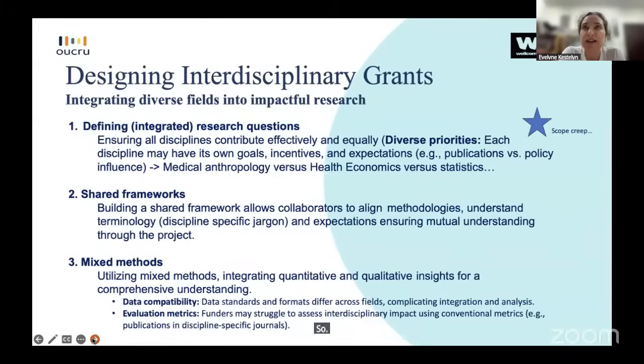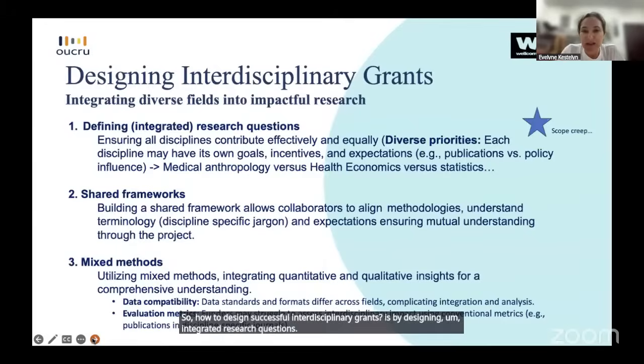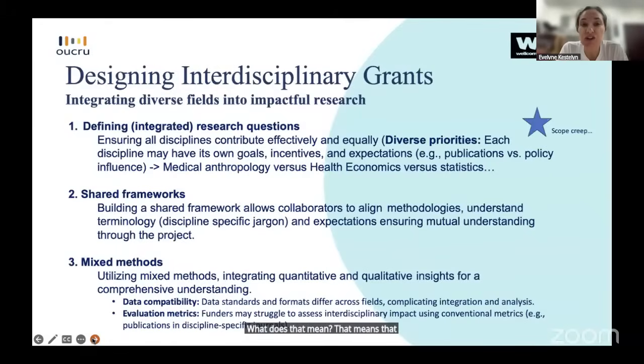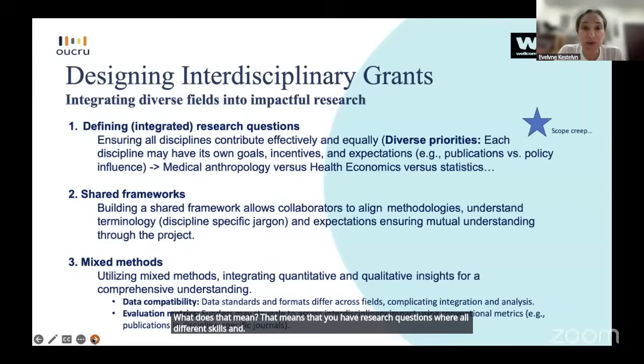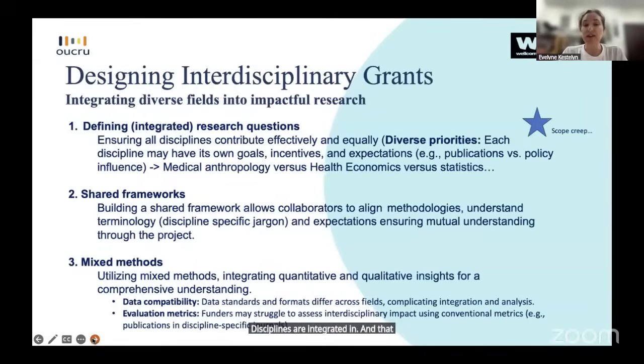So how to design successful interdisciplinary grants is by designing integrated research questions. What does that mean? That means that you have research questions where all different skills and disciplines are integrated. And that ensures that everybody feels equally valued, and that everybody contributes equally and effectively.